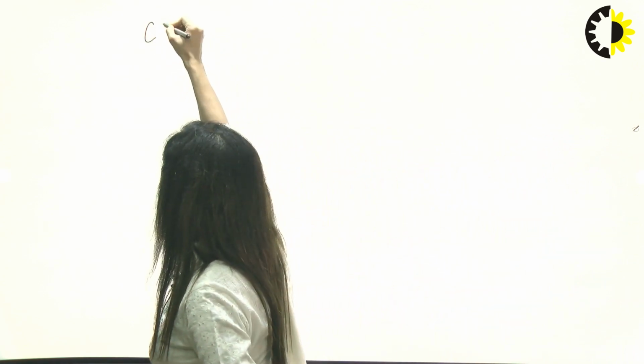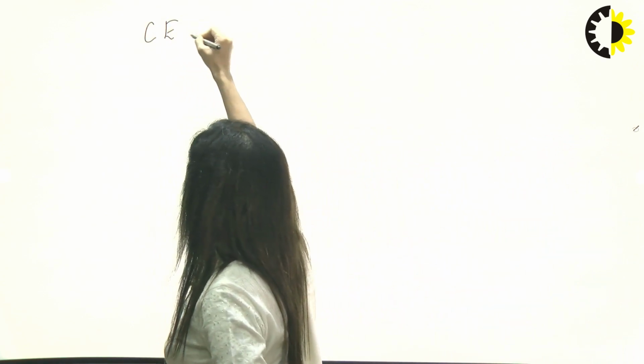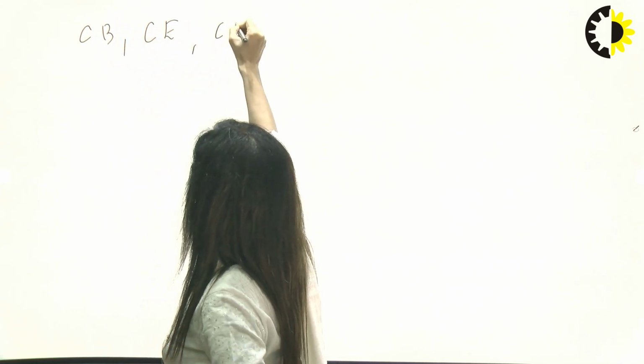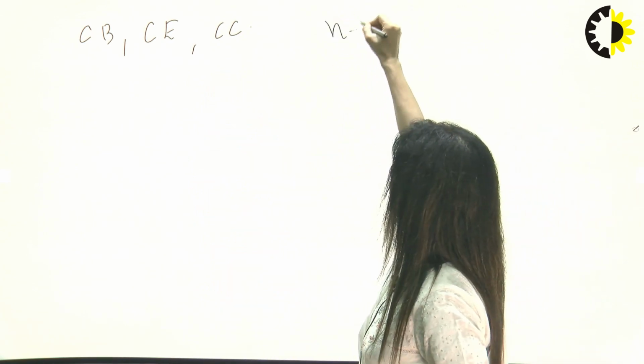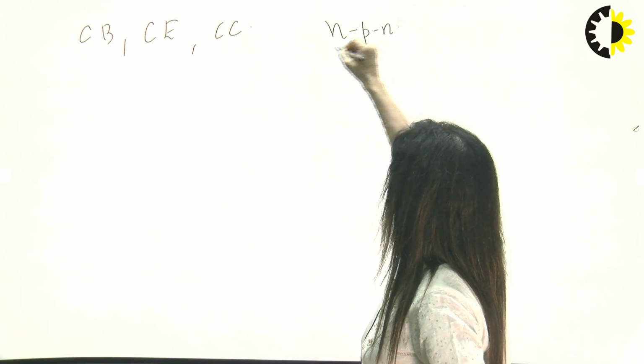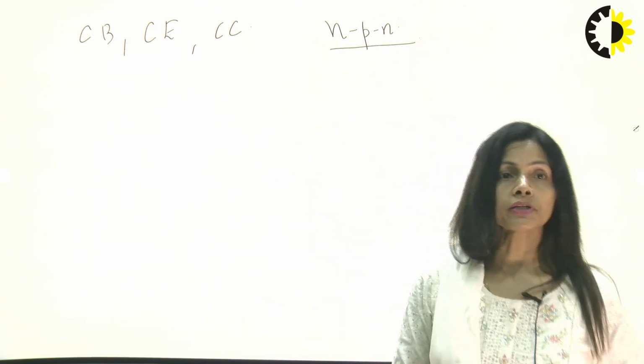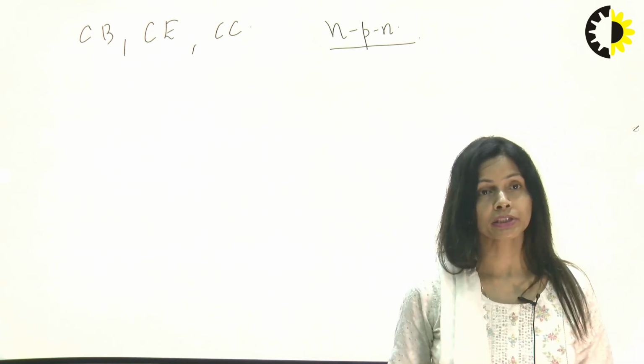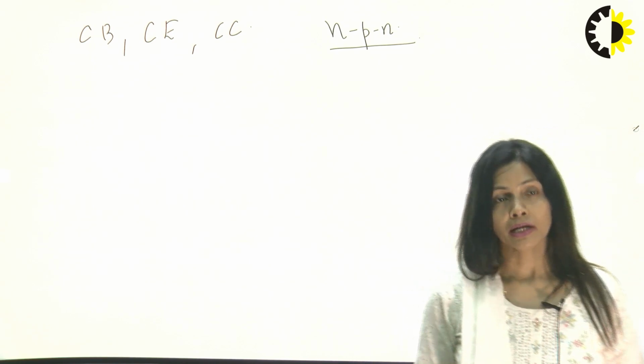There are three basic configurations: common emitter, common base and common collector. Let's say I am taking an example of an NPN transistor. We should understand how to recognize whether the transistor is in common emitter, common base or common collector.